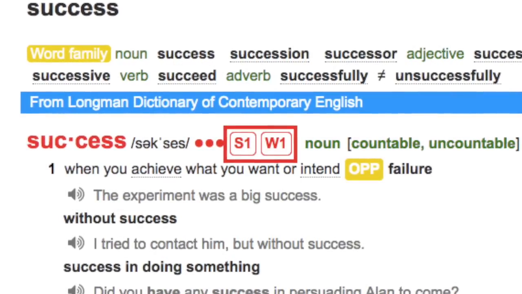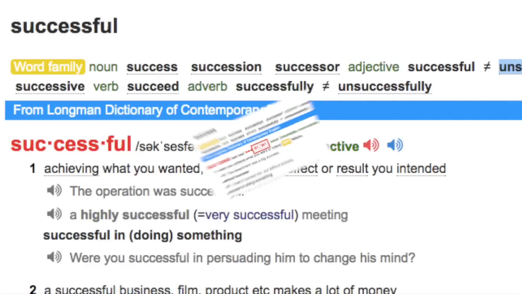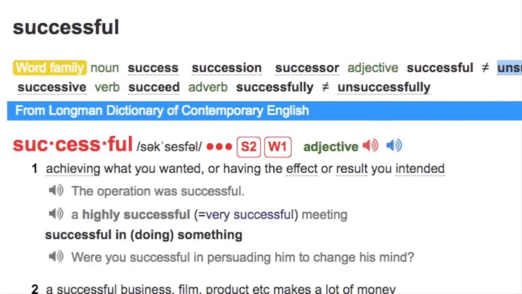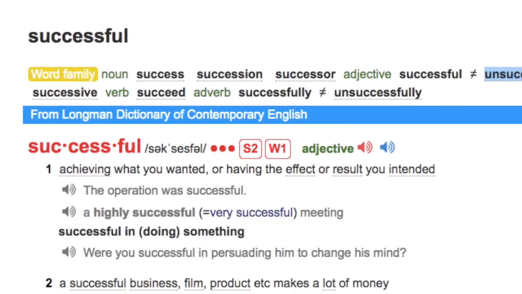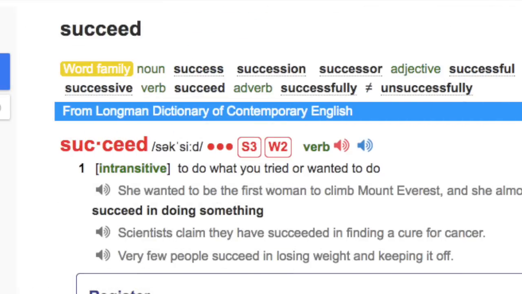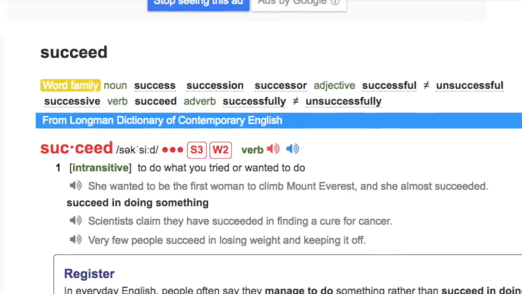Success is in the top 1000 spoken and written words. The adjective successful is a little less frequent than success. It is in the top 2000 spoken and top 1000 written words. The verb succeed is a little less frequent still. It is in the top 3000 spoken and top 2000 written words.